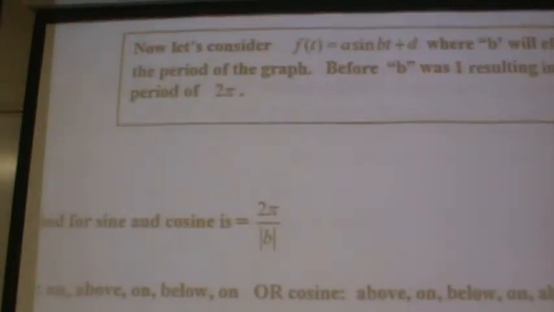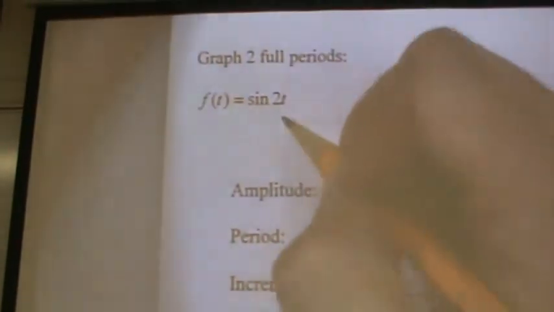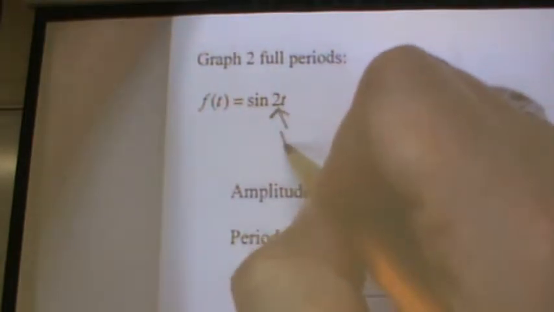So let's take a look at what you do. Here's an example. It says sine 2x. This is your b value right here.